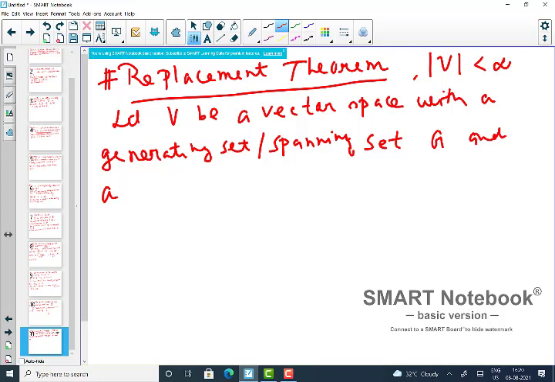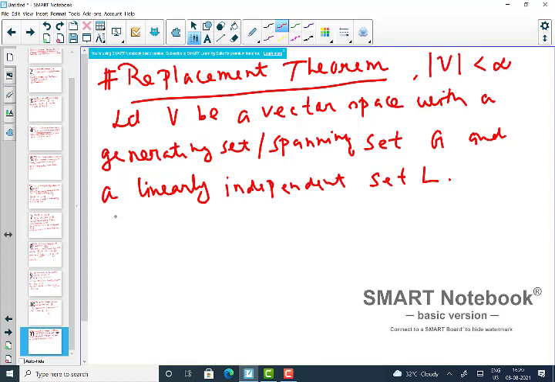And let L be a linearly independent set.